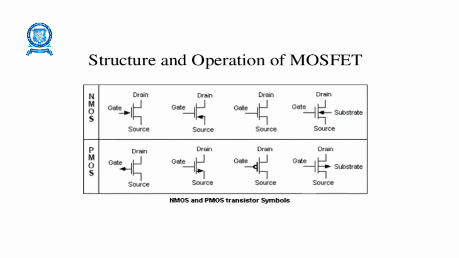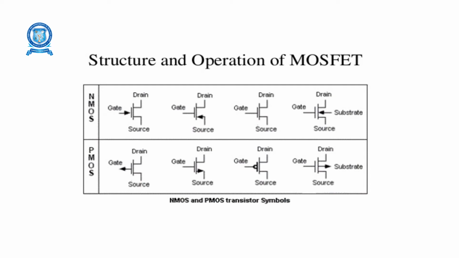Next, the structure of MOSFET. In the MOSFET there are two different types. One is NMOS and another one is PMOS. NMOS means negative metal oxide semiconductor and PMOS means positive metal oxide semiconductor. In NMOS, we have the terminals gate, drain, source, and PMOS also has the same terminals, drain, gate, source.